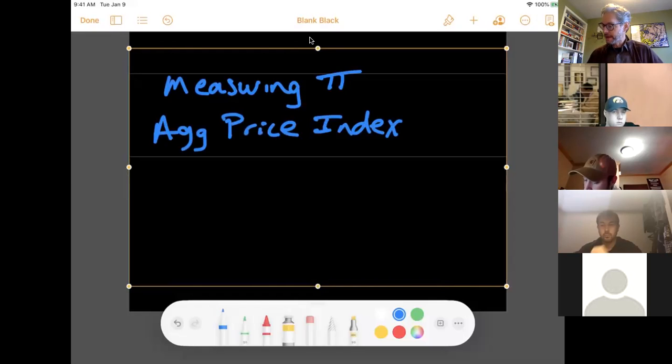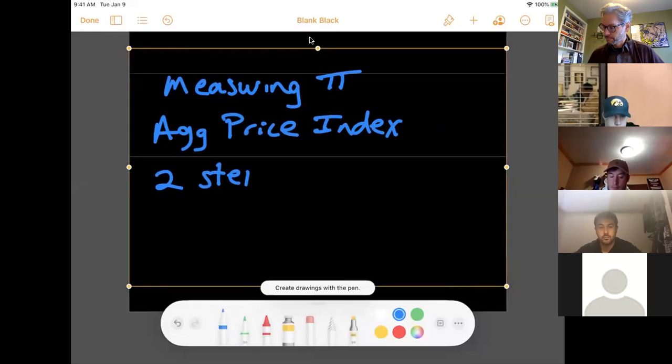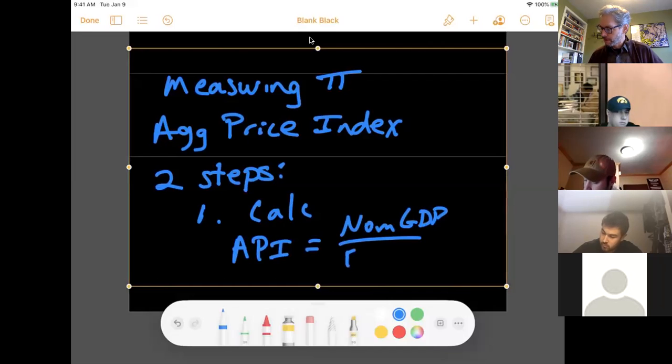The aggregate price index is really a pretty simple measure of inflation. First step is you calculate the aggregate price index. All the aggregate price index is, is the ratio of nominal GDP to real GDP, and you multiply it by 100.